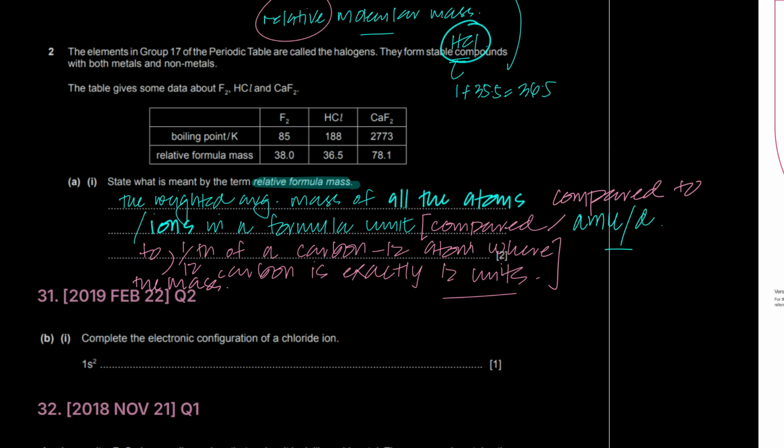Because the unified atomic mass unit means the mass of 1/12 of a carbon-12 atom, where carbon is exactly 12 units. And we've done this in the prior past paper.